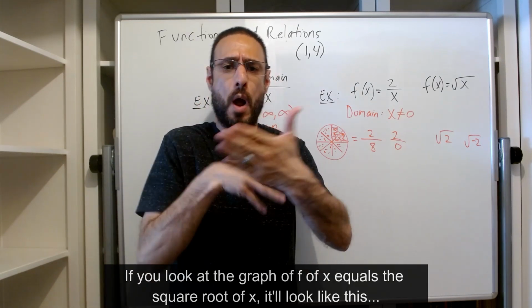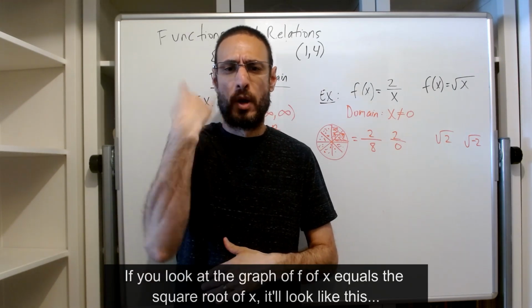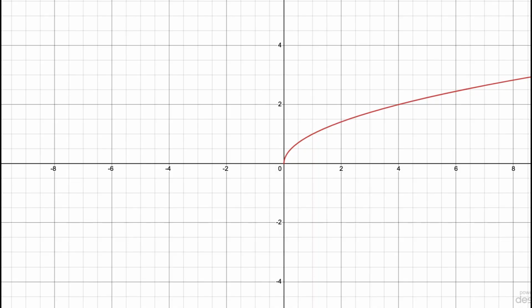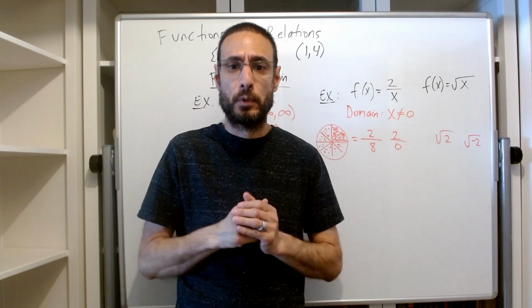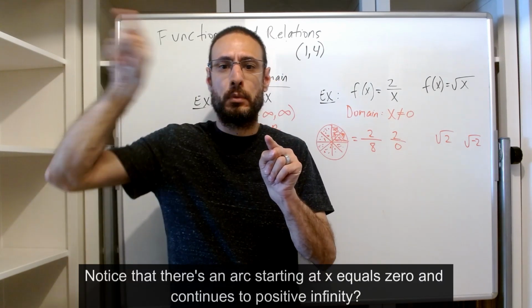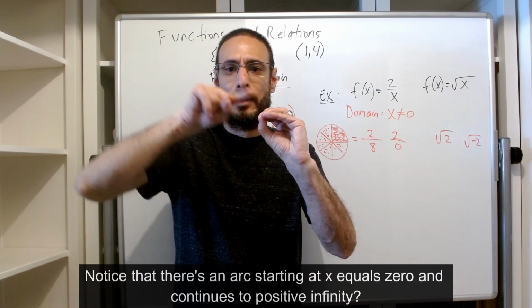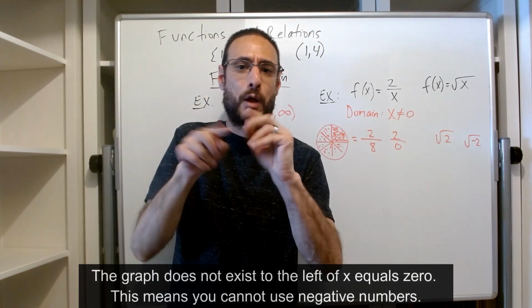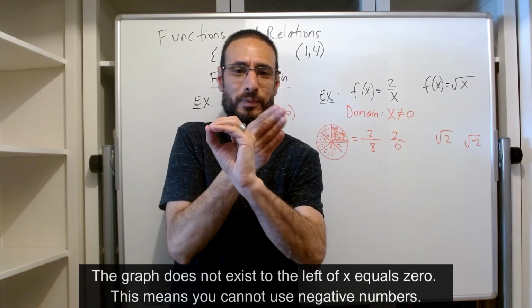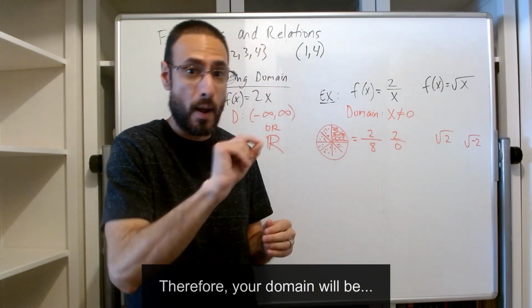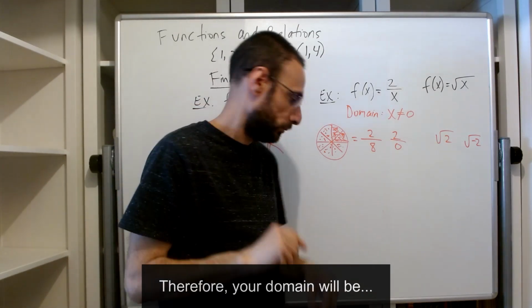If you look at the graph of f of x equals the square root of x, it'll look like this. Notice that there's an arc starting at x equals 0 and continues to positive infinity. The graph does not exist to the left of x equals 0. This means you cannot use negative numbers.